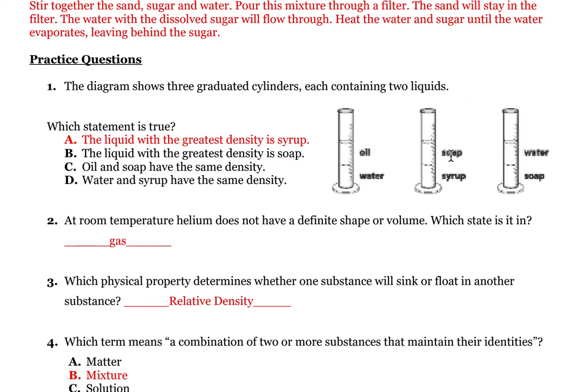You have 4 liquids. So it should go oil, water, soap, and syrup. If it was me, I would go over to the side and draw a new graduated cylinder and put the liquids in order that they rest, so that you see one graduated cylinder to answer this question. Which statement is true? A, the liquid with the greatest density is syrup.